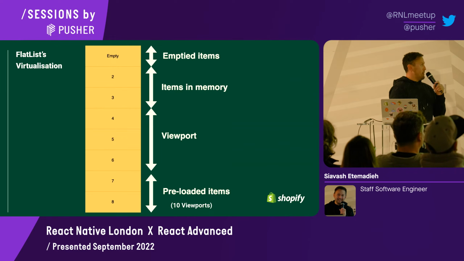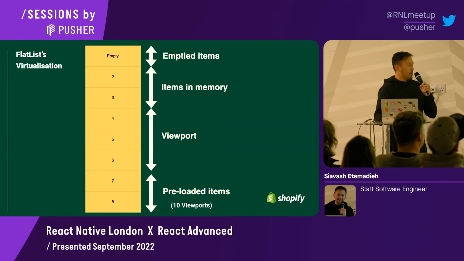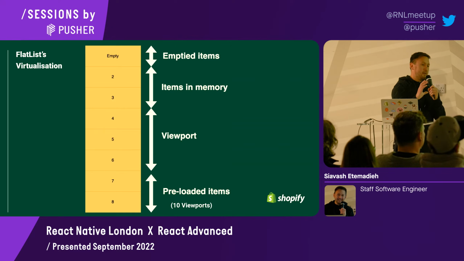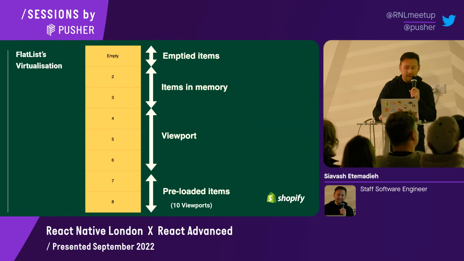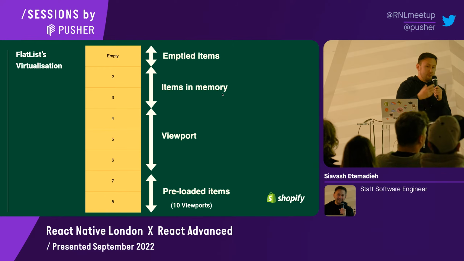So I'll start off a bit with how FlatList does their optimization. You can think of FlatList as a sliding window, almost like lazy loading. And what happens is, as you scroll, FlatList will schedule batches to render items below the fold.